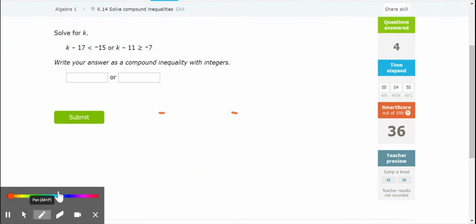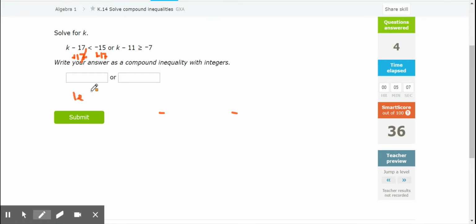Okay, coming back to another or statement. Now we're going to have to type in the inequalities. So we're getting a little bit more challenging as our score improves. Add 17 to both sides. And we've got k. That cancels, is less than 2. Okay, add 11 to both sides.